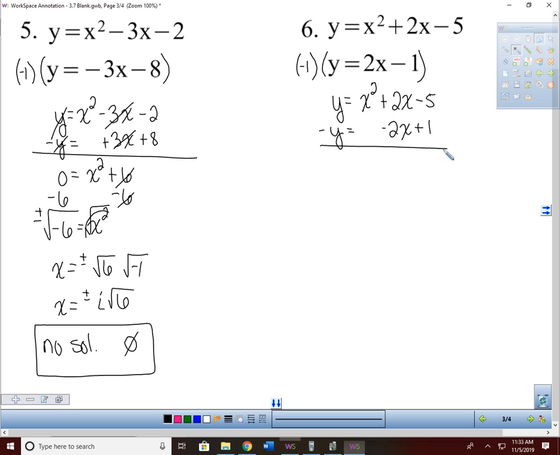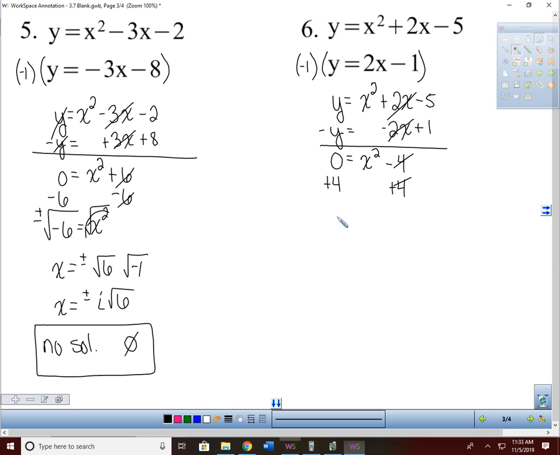All right, and notice I lined my like terms up. That way I wouldn't have to rewrite them. So y minus y is 0. I don't have an x squared to put with this x squared, so I just have x squared. 2x and negative 2x makes 0. And negative 5 plus 1 is negative 4. So now I'm just going to solve for x. I don't need to factor because I only have an x squared, so I go ahead and add the 4.